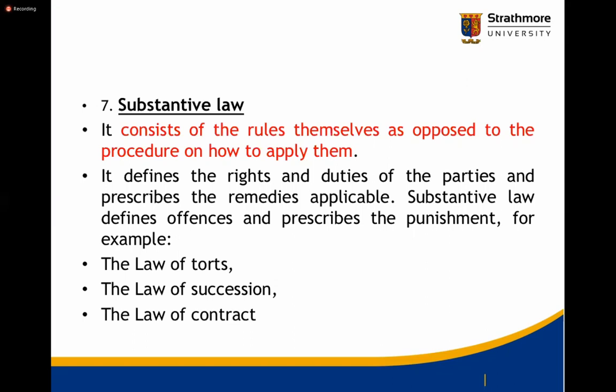Examples of these laws are the law of torts and the law of succession. The law of succession guides us in matters of inheritance, and how property is inherited when one is deceased. The law of contract tells us the rules about the relationship between the parties. So all this falls under substantive law.